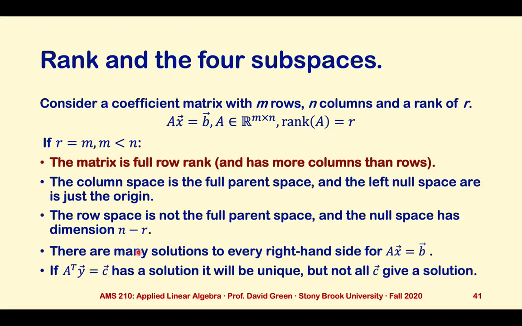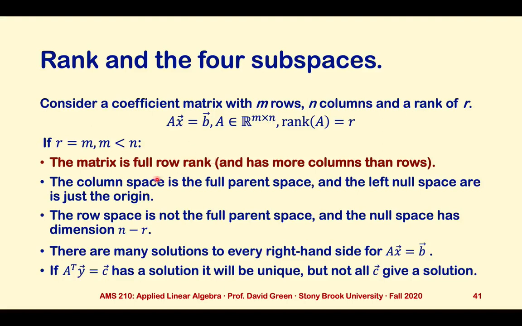Another situation we can have is that r equals m. The rank is equal to the number of rows, but the number of rows is less than the number of columns. This is a case where clearly we have more columns than rows, and the matrix is full row rank.